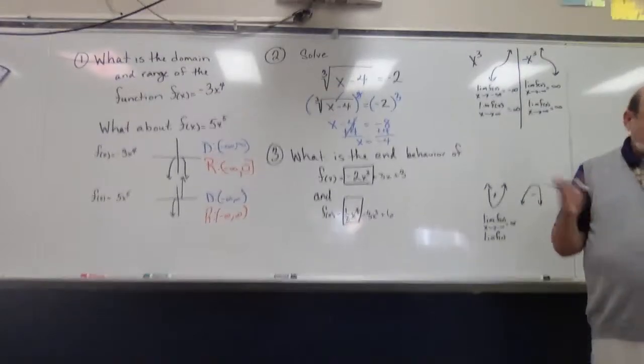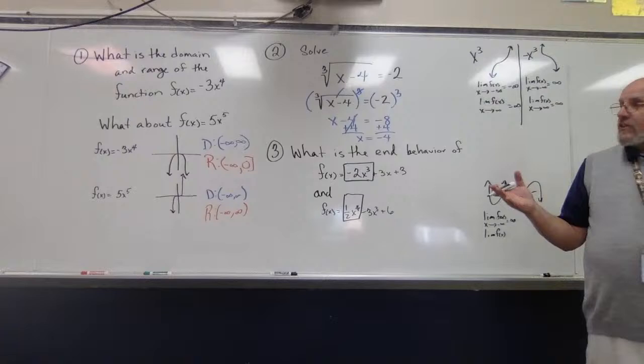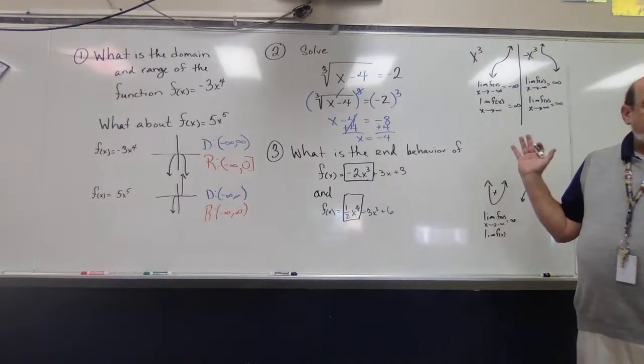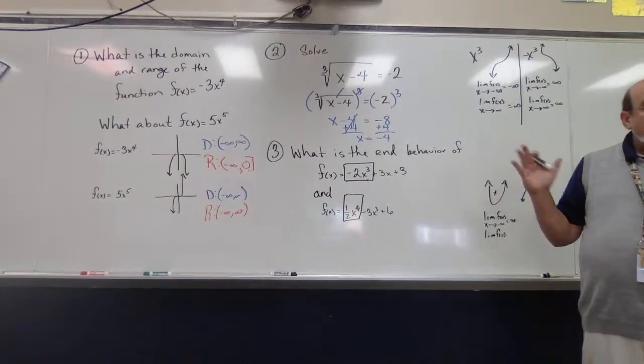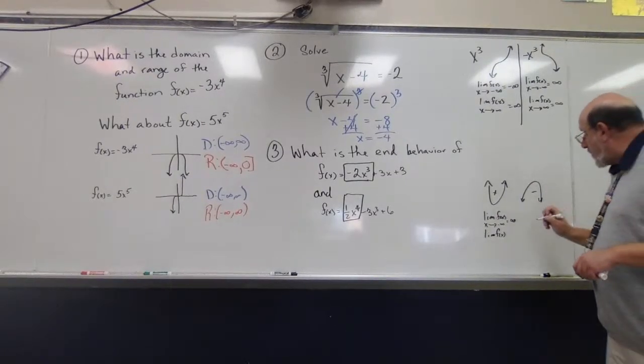The middle looks different because sometimes there are bumps in there, right? Like the function they give you has a ton of terms. And we don't care about the bumps. We're only looking at the ends on this problem.